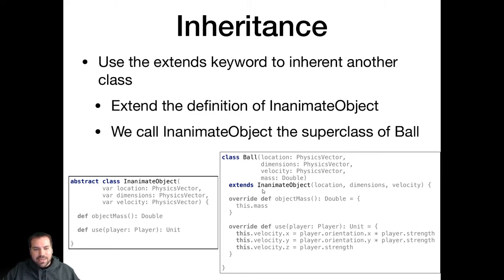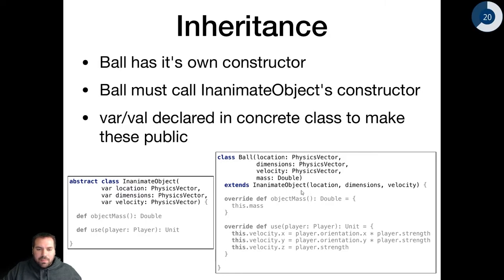Extends inanimate object: give me all of the methods and all of the variables from inanimate object in this class. And then you also have to call the other class's constructor right in line in the ball's constructor.